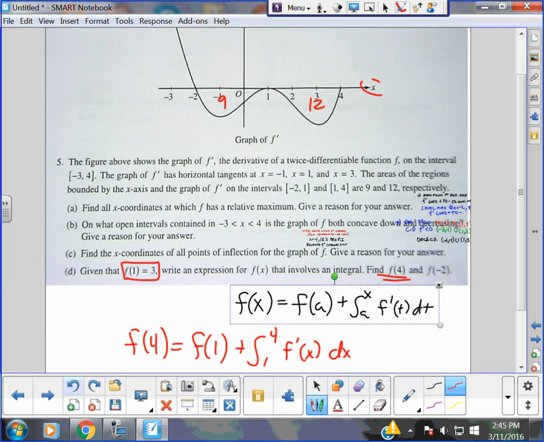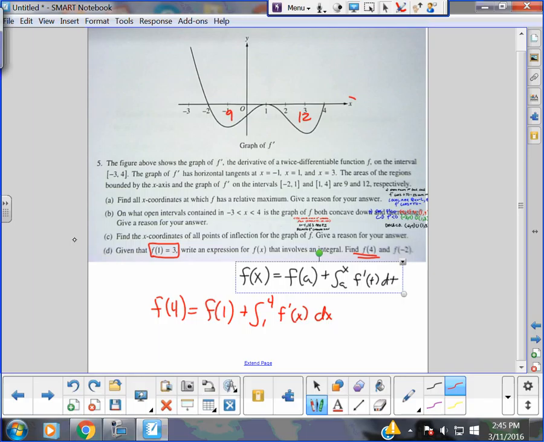Now it's just plug and chug time. f of 1 is 3, and the area from 1 to 4 is 12, but it's underneath the curve, so it is negative. So 3 plus negative 9, f of 4 is negative 9.